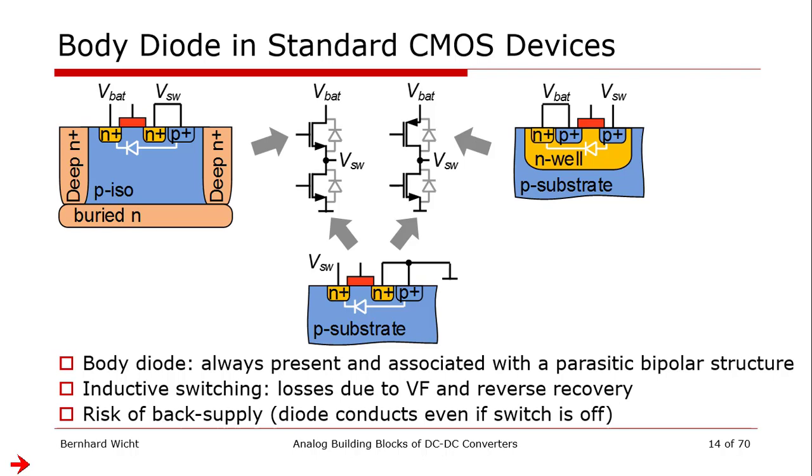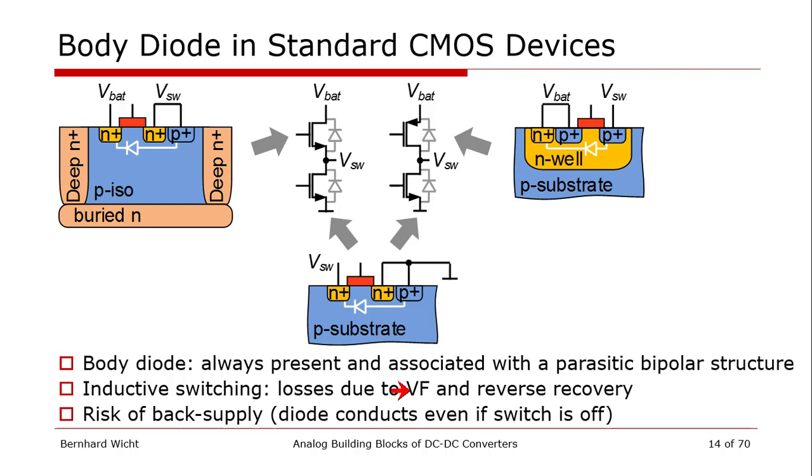So that's something that we need to be aware of. And the main issue that also can cause, as here the second item, is if the body diode goes into forward conduction, we see losses basically, because we have the forward voltage times the current, that's additional losses. So we want to avoid that as well.